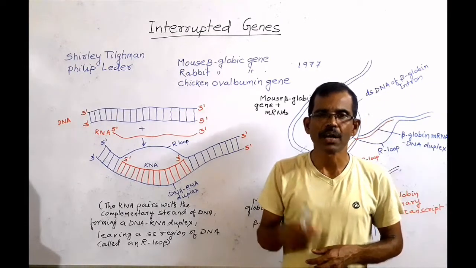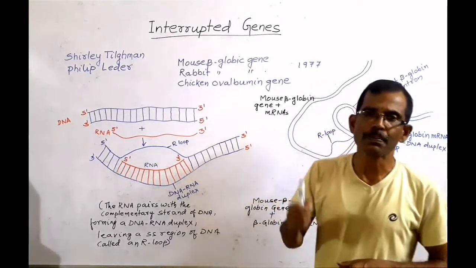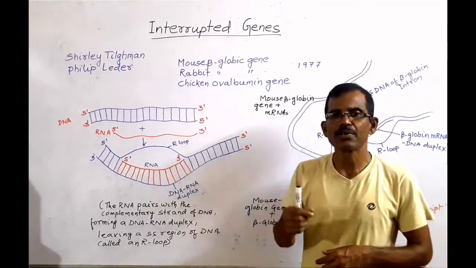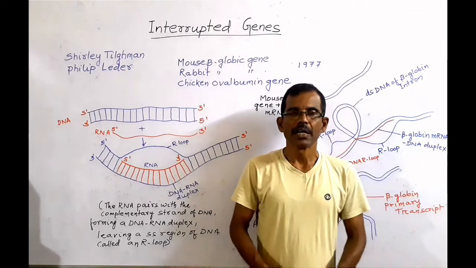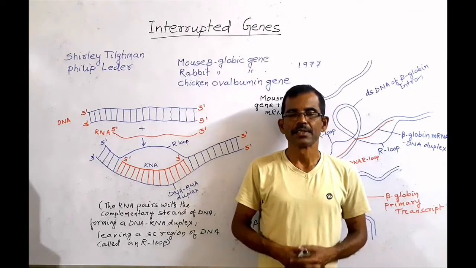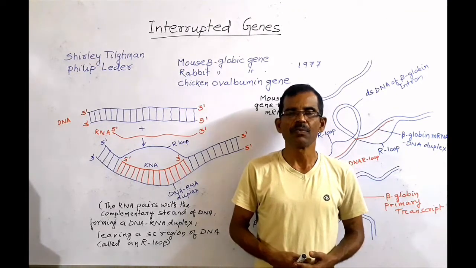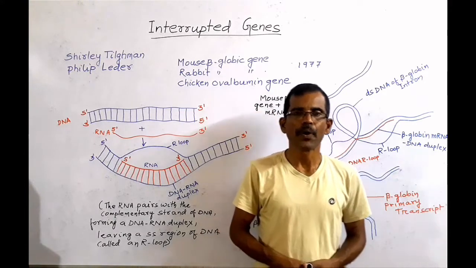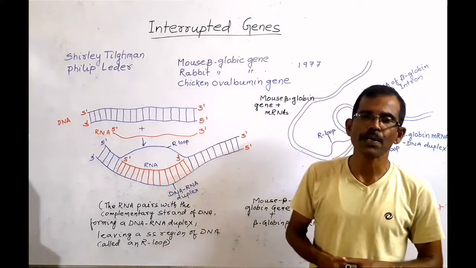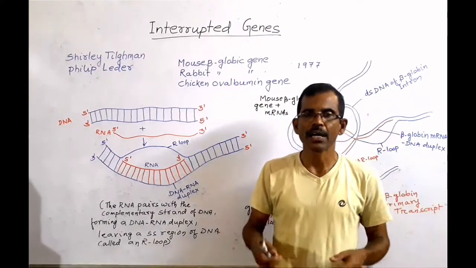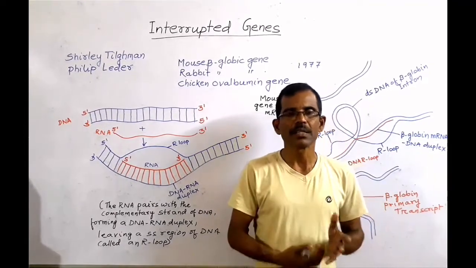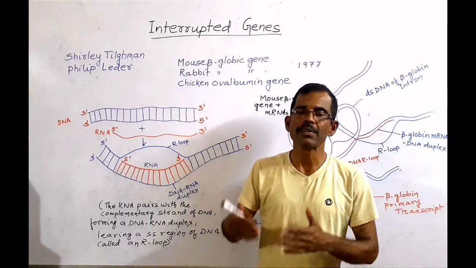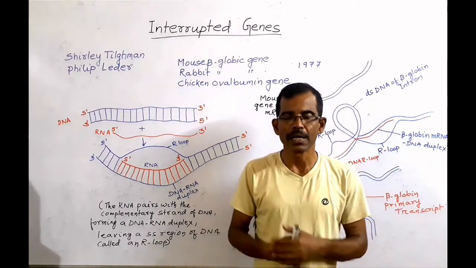Subsequently, it was found that these introns are present in the non-translated regions of the gene. Some of the earliest evidence regarding the presence of introns came from the electron microscopy of DNA-RNA hybrids. Friends, RNA-DNA duplexes are more stable than the DNA double helix.